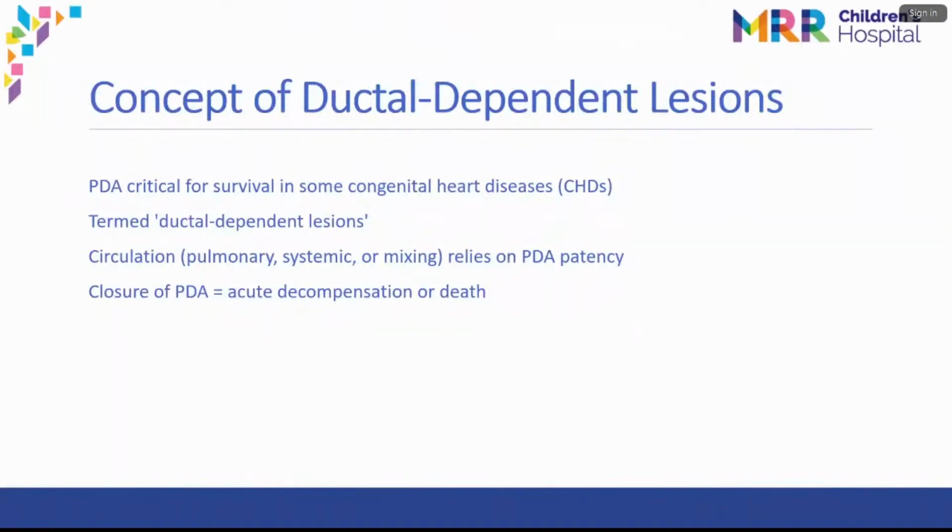So there is a concept of ductal dependent lesions in term neonates. PDA is critical for survival in some congenital heart diseases, which are termed ductal dependent lesions. Pulmonary, systemic, or mixed circulation may rely on PDA patency. So closure of PDA in these cases may lead to acute decompensation or death.